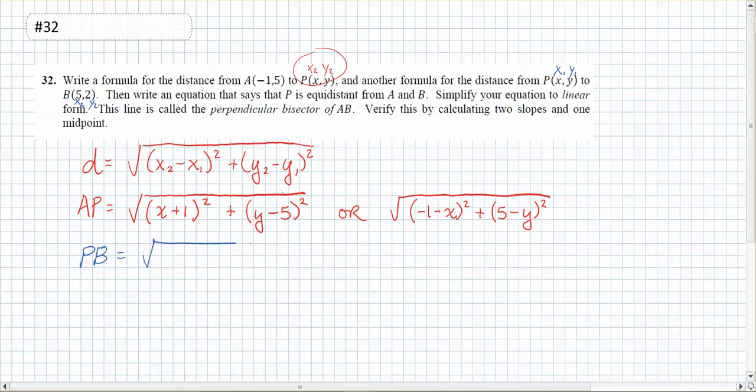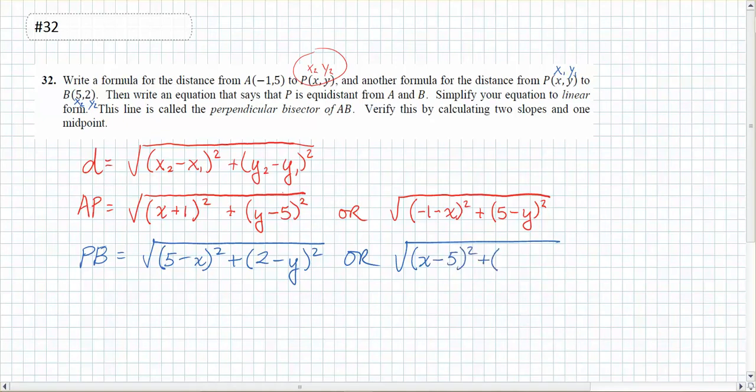So PB is going to be the square root of x2 minus x1 all squared, and then y2 minus y1 all squared. Or if you reversed which one was x1 and x2 and y1 and y2, you would have instead gotten x minus 5 squared plus y minus 2 squared, all underneath the root. Okay, and it doesn't really matter which version you have, as long as you've got one of these red ones for AP and one of these blue ones for PB.